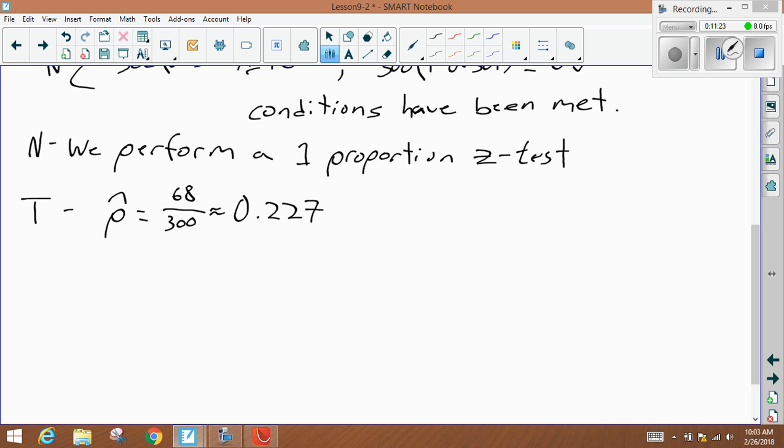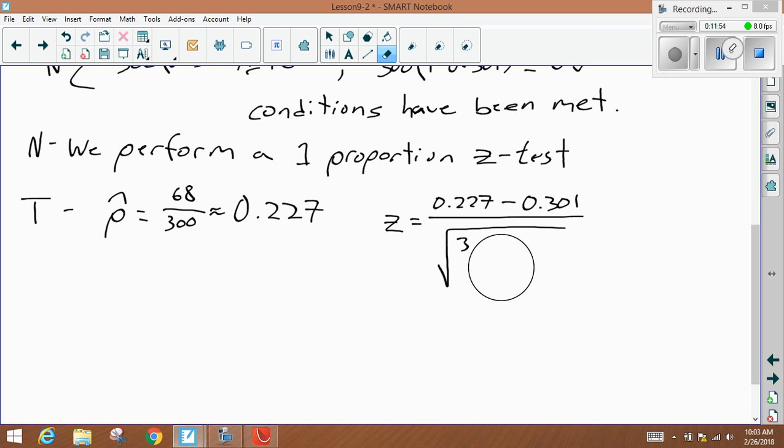We're going to go ahead and calculate our test statistic, which is a z-value of our statistic minus the parameter divided by the standard deviation of the statistic, which again is kind of weird that we wind up using our parameter value in the standard deviation.